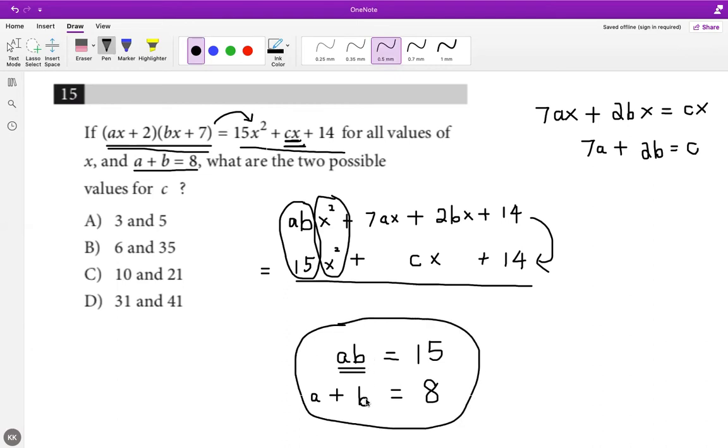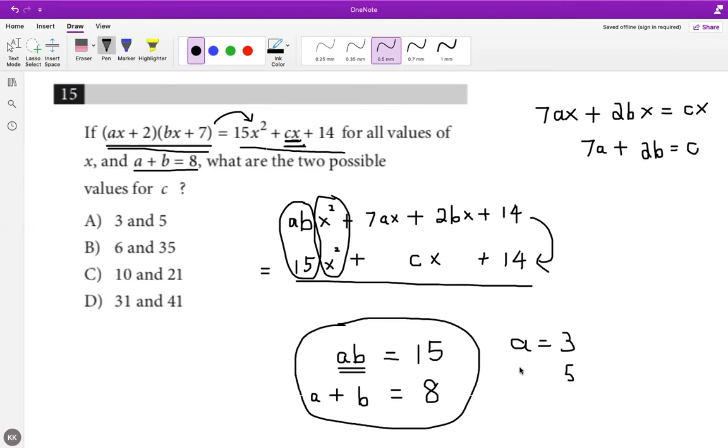So just think about this. We need two different numbers that multiply together to equal 15, and when we add them together, give us 8. What are the two possible values? You may be thinking that A must equal 3 and B must equal 5.